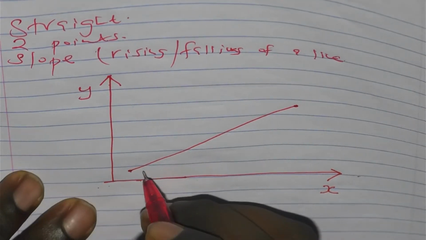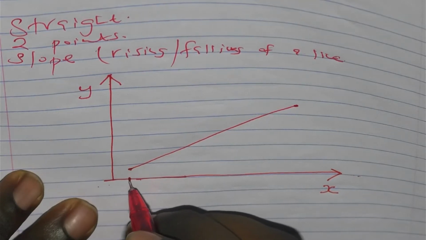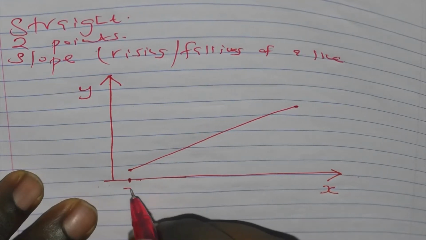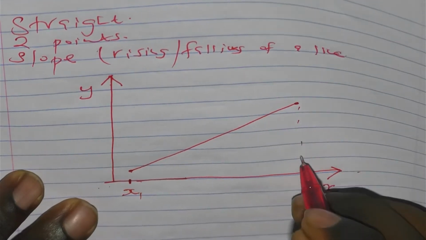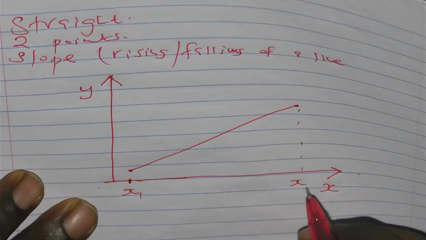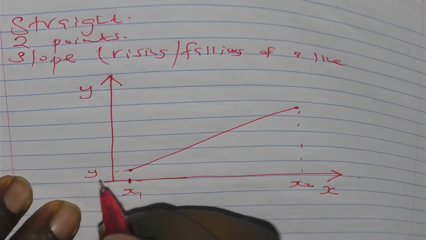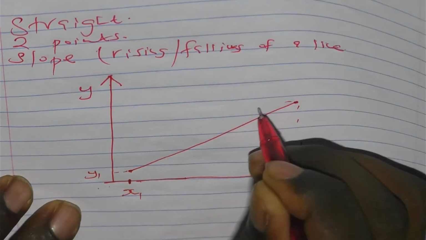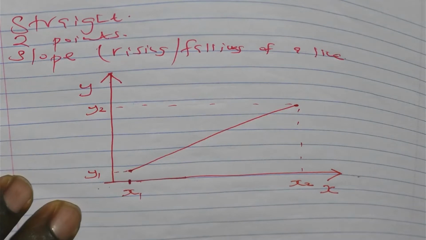So here, this is point x1, and here is point x2, and then from here is point y1, then from here going like this, it is point y2.